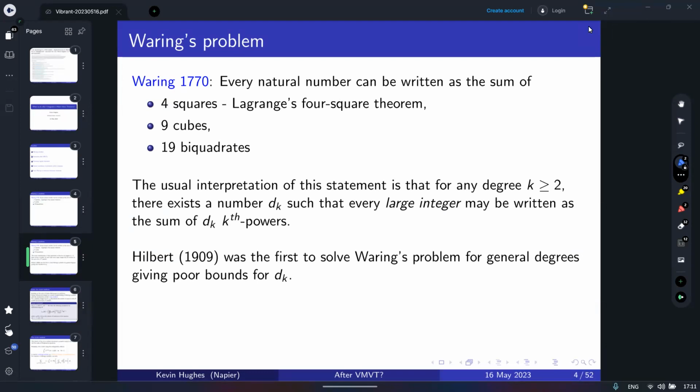It has this nice answer in terms of theta functions, and the theta functions tell you the number of ways to represent it as a sum of 4 squares in terms of divisors of that number. But that exact answer is very different from Hilbert's solution, which said that you had a representation. It didn't tell you the number, it just told you that there was one for every sufficiently large number.